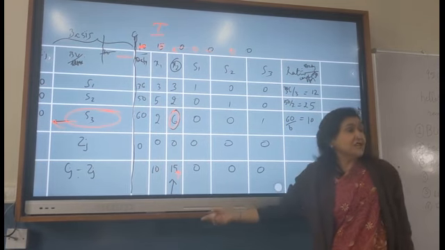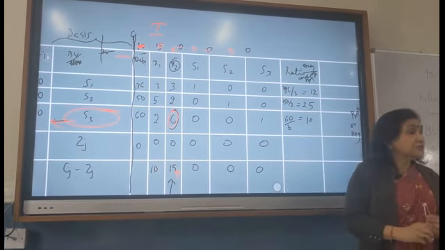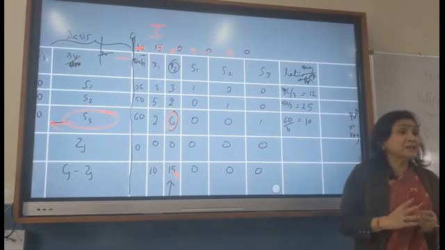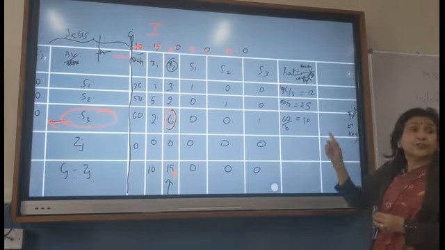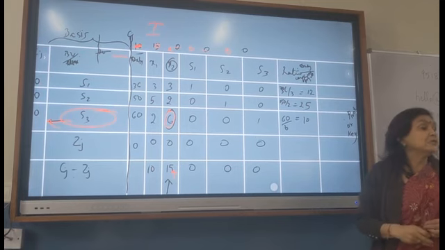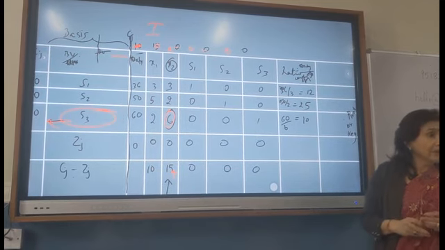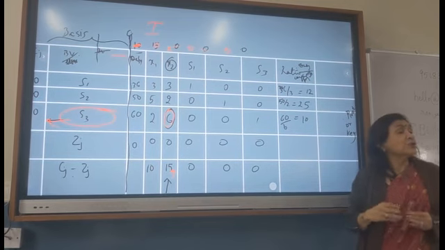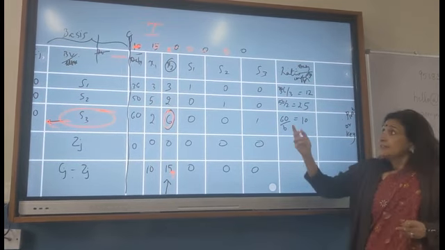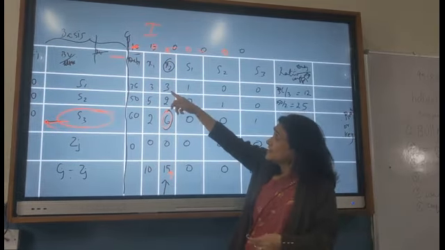For Cj minus Zj, we look at the largest positive value for maximization with constraints less than or equal to, but for the ratio, we look at the least positive value. Why? Because the constraint is the one which is causing us problems. When we are entering x2, what does this mean?